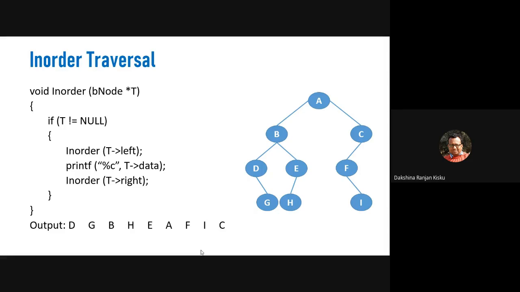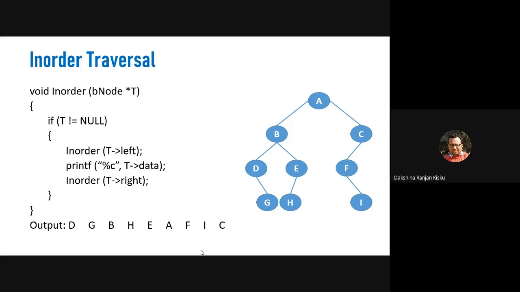So D does not have a left subtree. If there were a left child of D, that node would be visited and printed first, because the left subtree is visited first in in-order traversal. Since there is no left subtree, D will be visited first.